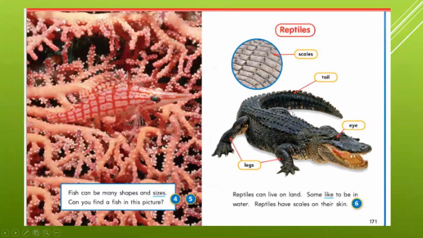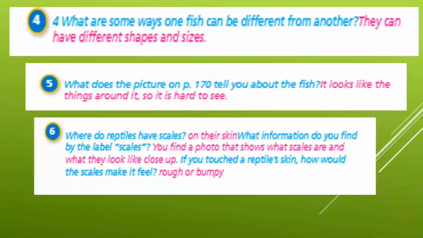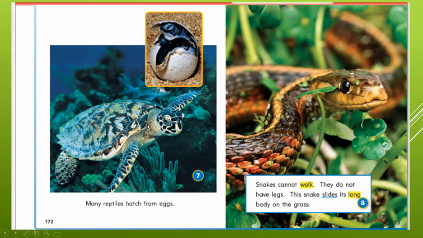Number one, alligator. Alligator has scales on its skin. The alligator can live on both land and in water. Next, we can find here sea turtle. It hatches from the eggs. Here, snakes.